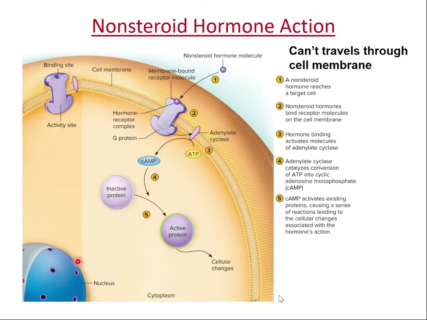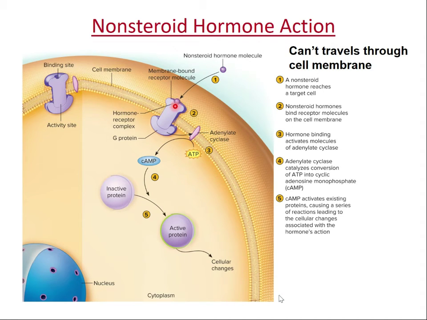Now, this is different to non-steroidal hormones, as since they are not lipid-based or cholesterol-based, they cannot go through the cell membrane. So what they will do is come and activate certain receptors that are located on the cell membrane.